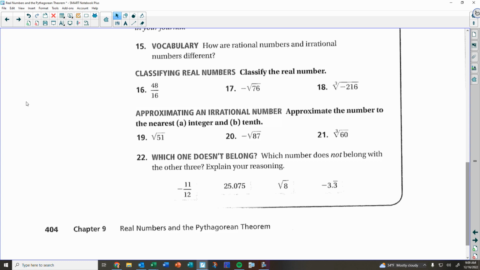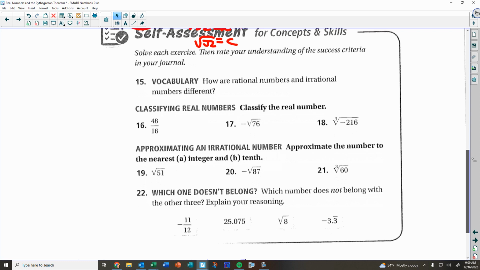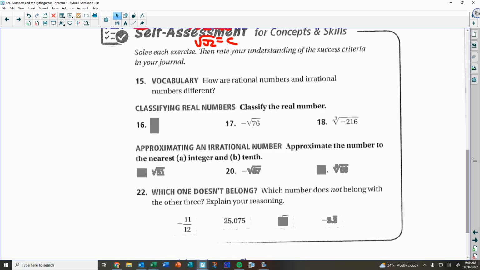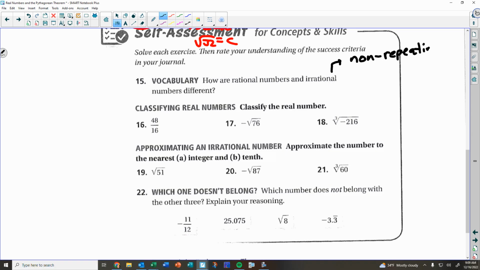Okay. So the first question in the self-assessment was, how are rational numbers and irrational numbers different? Well, remember, irrational numbers are non-repeating, non-terminating decimals.